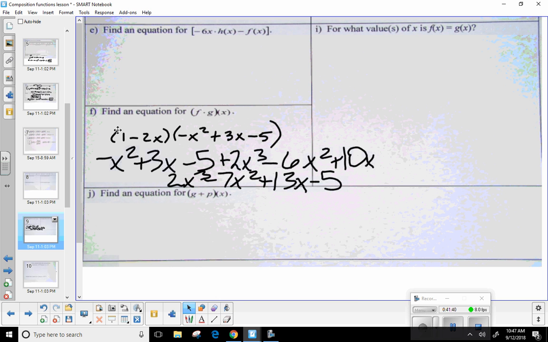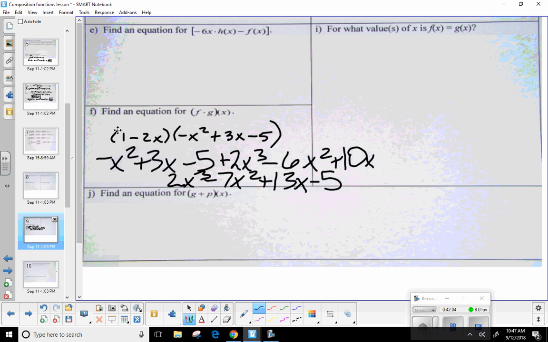Now, for what value or values of x is f of x equal to g of x? Okay, so graphically, we're just looking for the intersection between a quadratic and a linear. So at most, how many solutions could I have? Think about a parabola and a straight line. How many ways could they intersect? Yeah, the maximum you're going to get is 2.